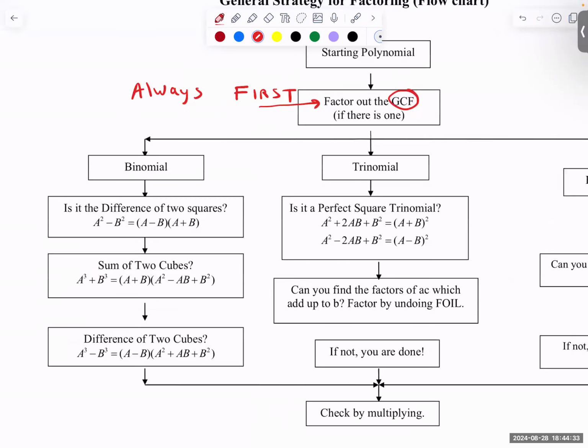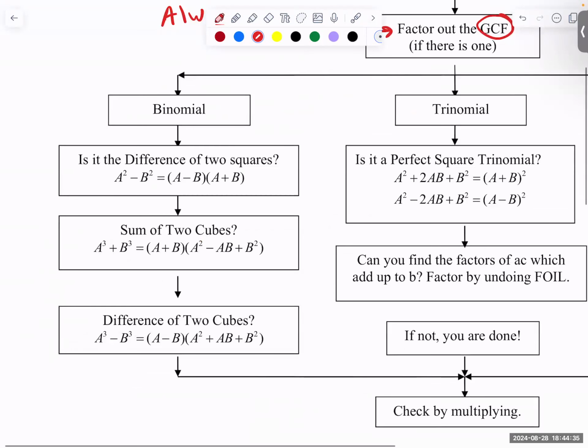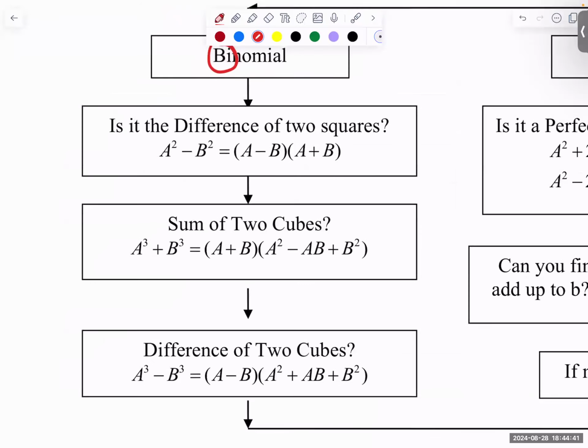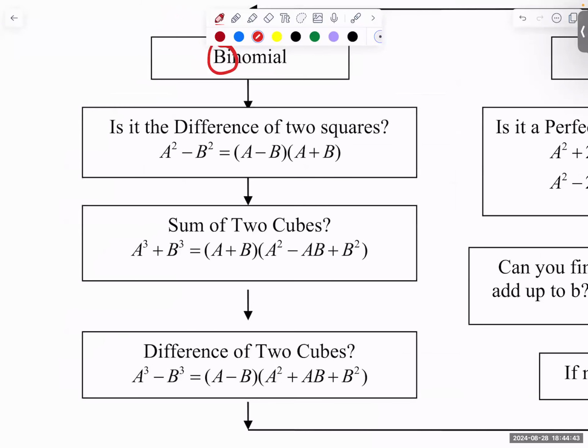If the polynomial has two terms, you have a binomial, you look for special cases like the difference of two squares, a squared minus b squared, which factors as a product of conjugates, a minus b times a plus b, or a plus b times a minus b. The two binomials have opposite signs.